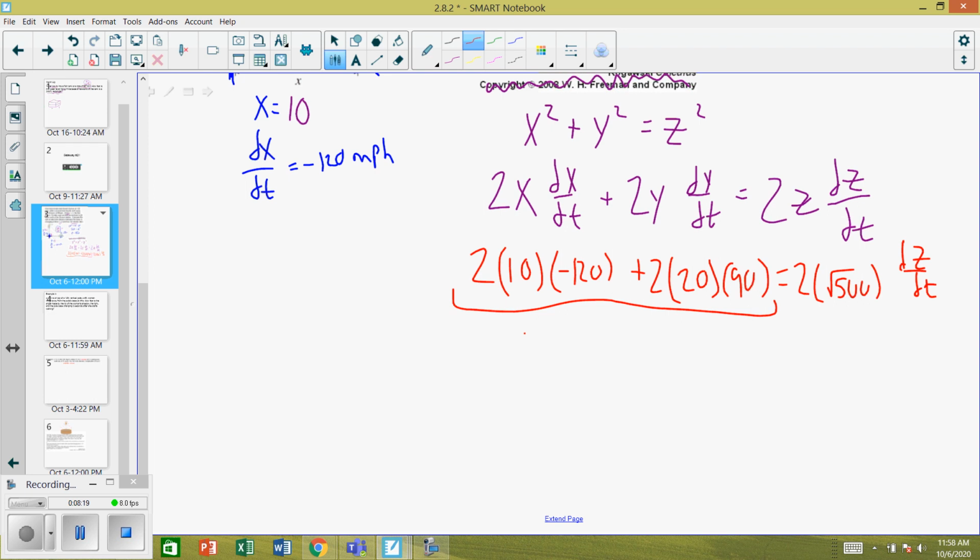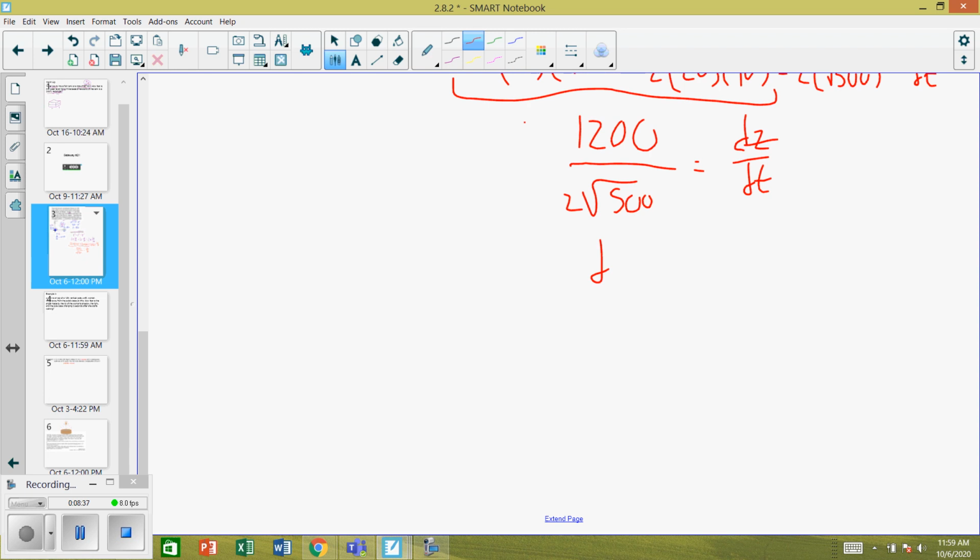I'm getting this to be 1200. And then we can divide by the square root of 500 times 2. So what we get is dz over dt equals 600 over the square root of 500, which is approximately 26.833 miles per hour.